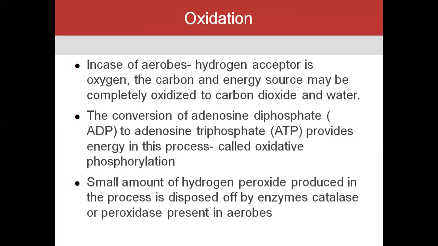And the conversion of adenosine diphosphate, that is ADP, to adenosine triphosphate, ATP, provides energy in this process, which is called oxidative phosphorylation. And a small amount of hydrogen peroxide is produced in this process, which is disposed of by enzymes such as catalase or peroxidase, which are present in the aerobes.